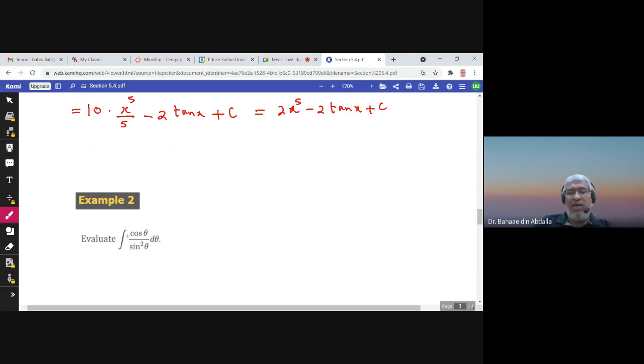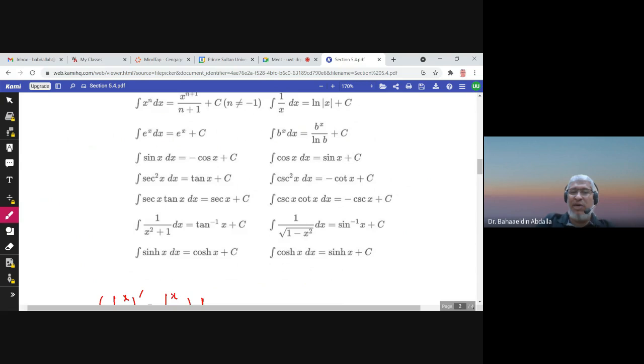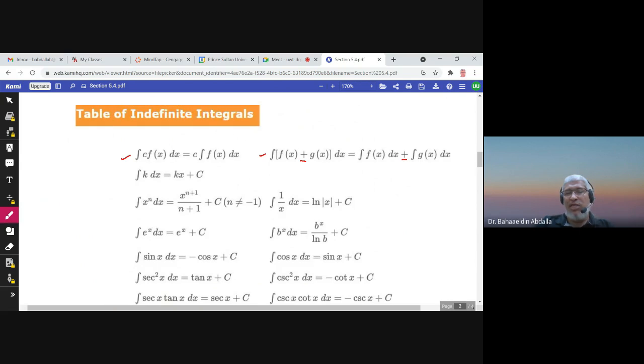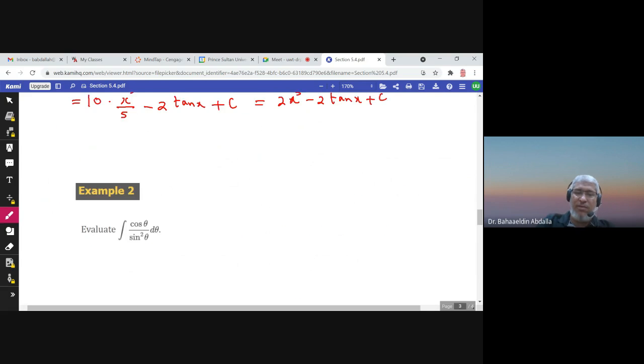And you cannot write it as integral cosine over integral sine. That's not correct at all, because you can distribute the integral if there is a plus or minus, but if there is a product or division, you can't.